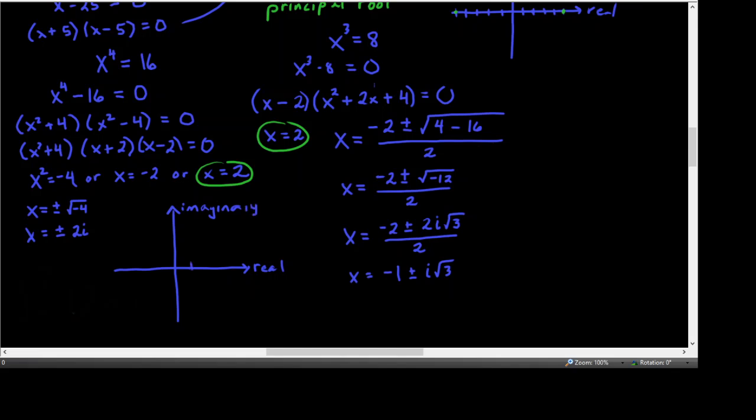So 1, 2, 3, 1, 2, 3, 1, 2, 3, negative 1, negative 2, negative 3. Okay, so if I graph those, the principal root is positive 2, and negative 2 is another answer, and 2i is another answer, and negative 2i is another answer.